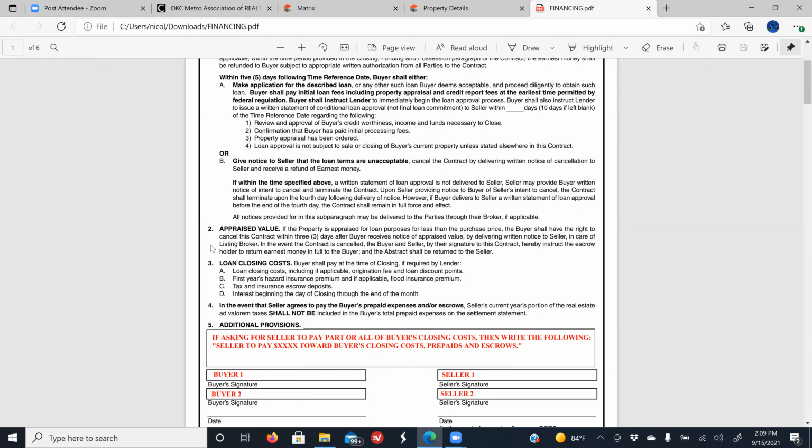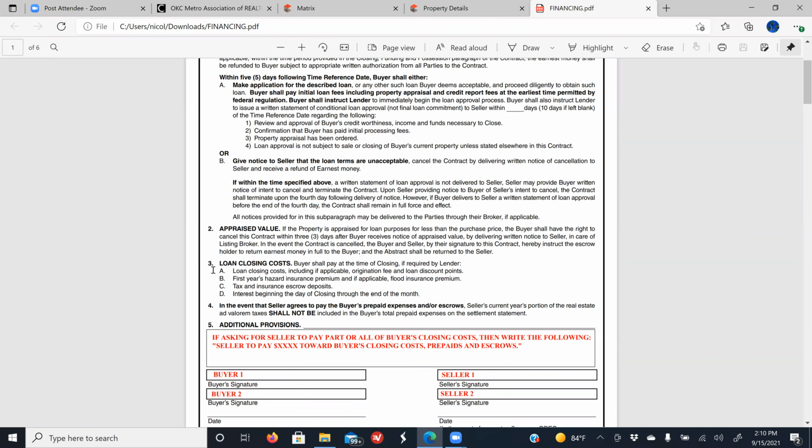The buyer is not obligated to purchase the home if it does not appraise for at least the agreed-to contract price. The only reason I point that out here is because when we look at the other financing supplements, there are some blanks that we have to fill in regarding appraisal value. In the conventional loan form, it defaults to the contract price.